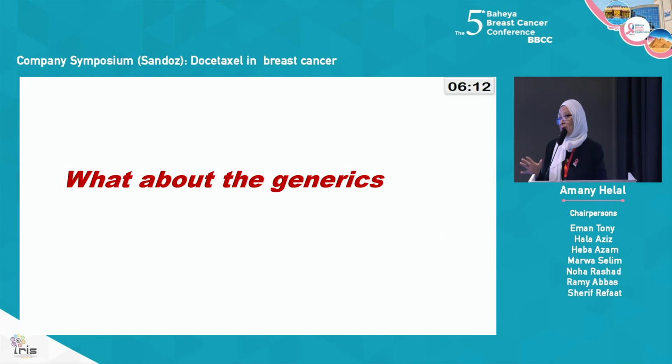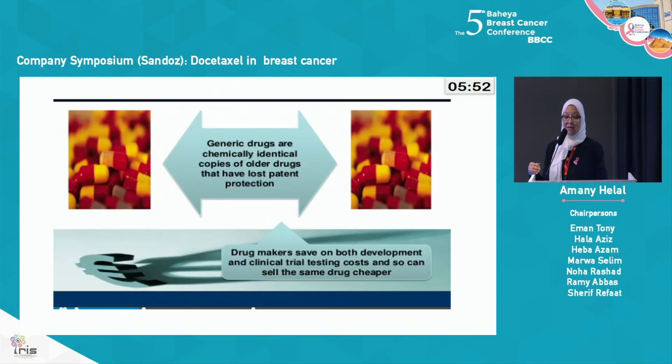The main problem with the treatment is the expenses, especially in patients with metastatic disease who are given the treatment until the patient progresses or is intolerant. And one of the methods to guard against expensive drugs is to use the generics. The generics are defined as chemically identical copies of older drugs that have lost patent protection.